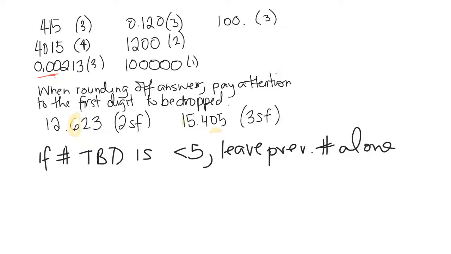If the number to be dropped is equal to or greater than 5, round the previous number up.